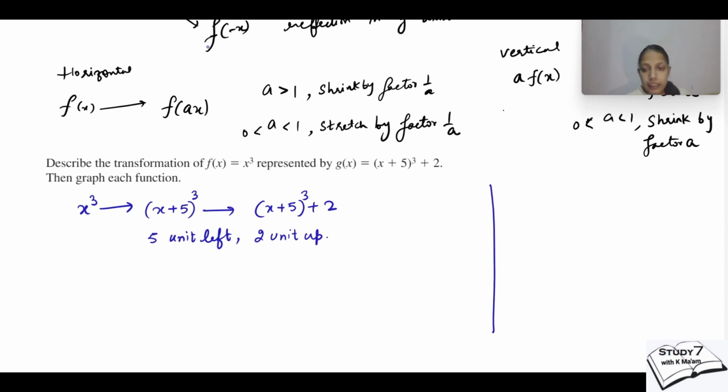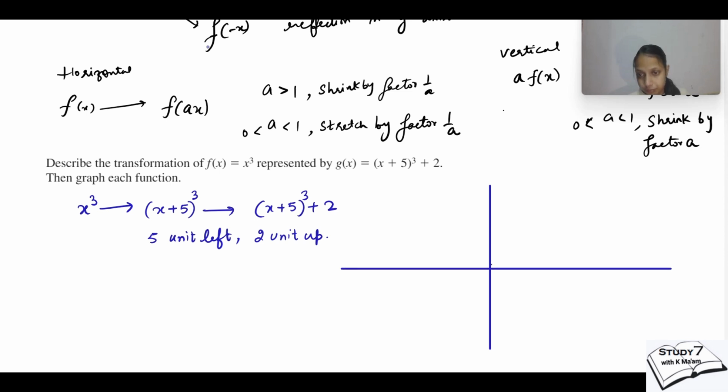Okay, let's see how the original function is affected by this.